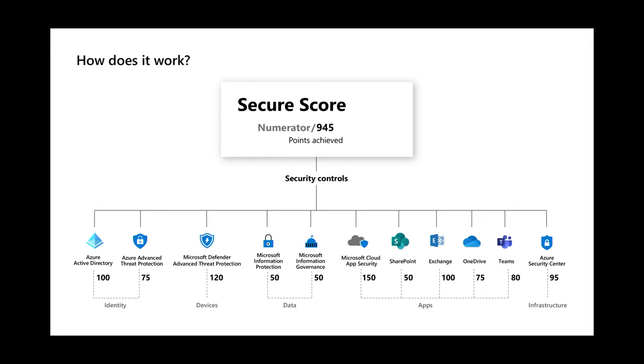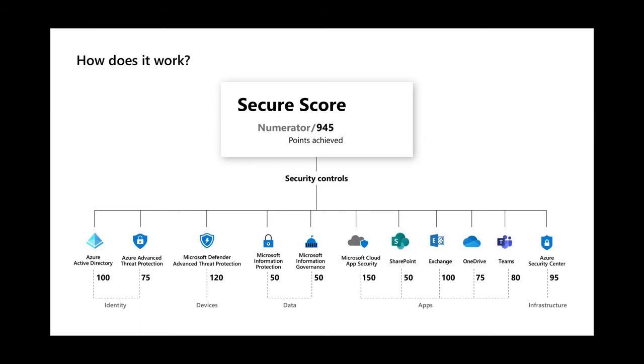Each control, depending on the security value that it brings to your organization, is given points between 1 and 10. Higher points for the controls that are going to add more security value to your organization. All of those are added up, and that becomes your denominator or your total opportunity to mitigate the attack surface and keep the bad guys out.